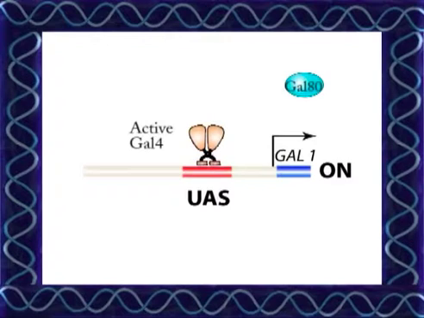GAL3 is a sensor and inducer. When GAL3 binds galactose and ATP, it undergoes an allosteric change that promotes binding to GAL80, which in turn causes GAL80 to release GAL4, which is then able to activate transcription of its target genes.